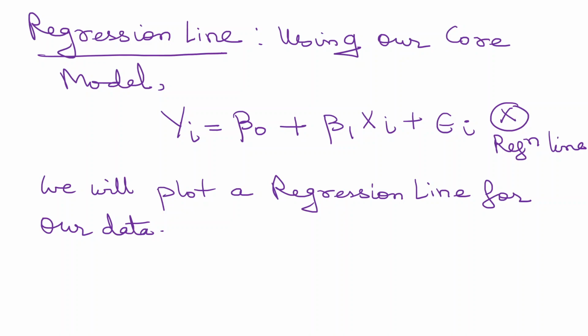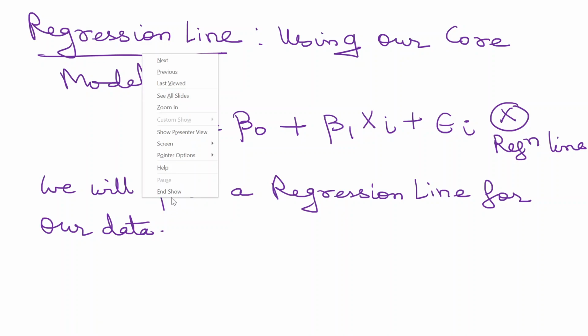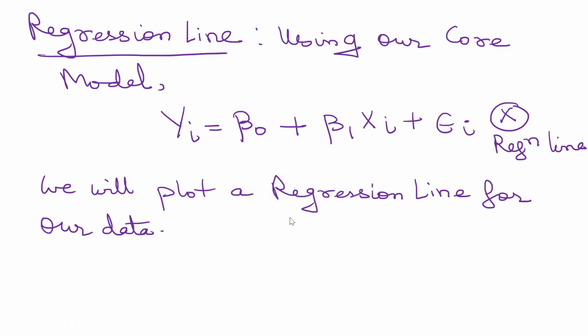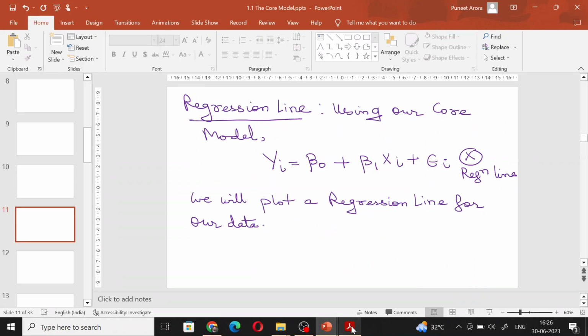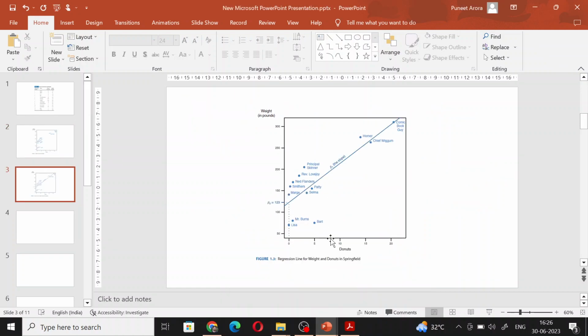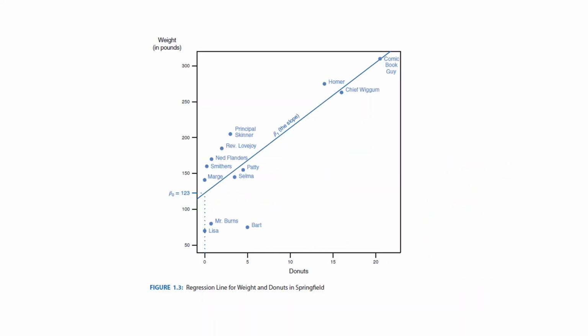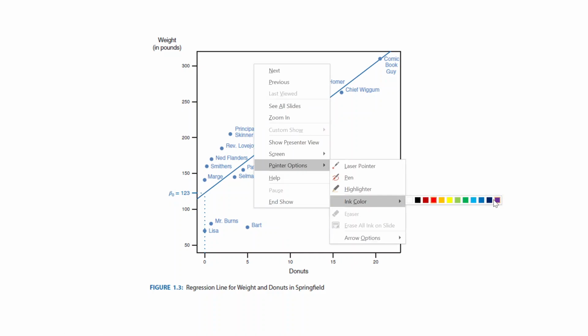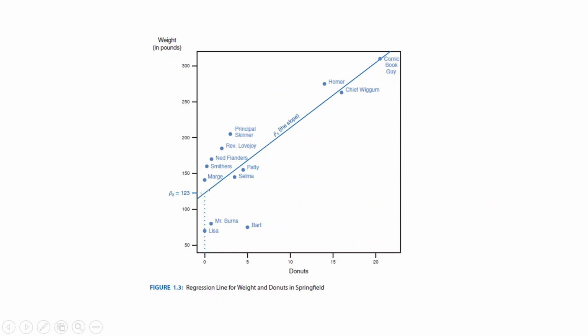Okay. So to give you an example, in the weight and donuts case, the regression line will look something like this, which has been plotted based on the observations of 13 individuals.